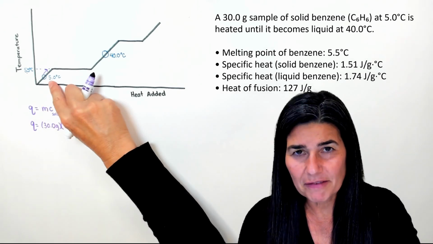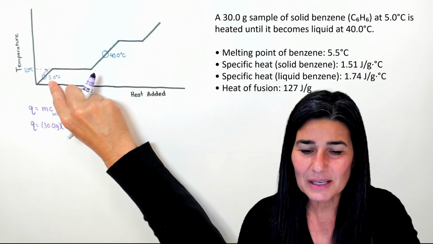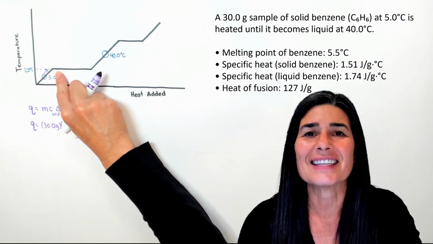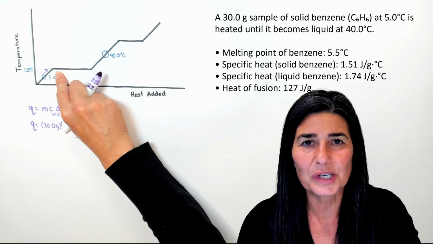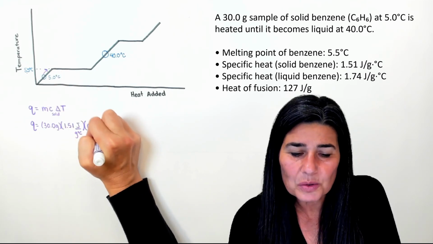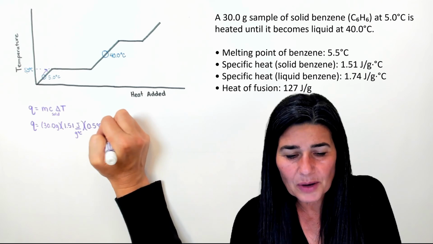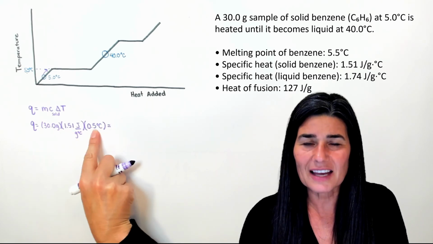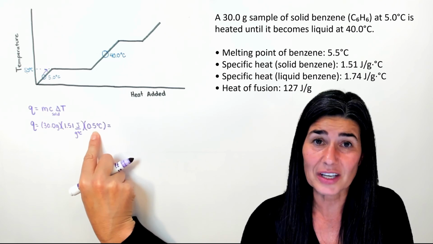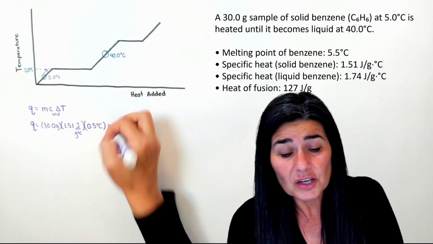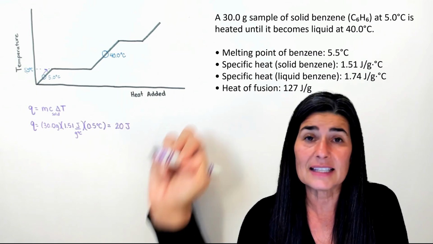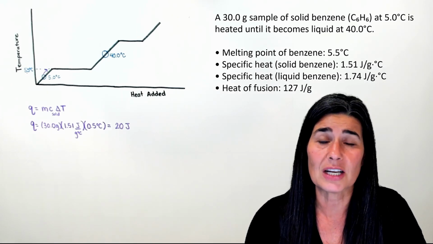We started at 5. To get to the melting point, which is at 5.5, all we need to do is increase our temperature by half a degree. So we're going to increase by 0.5 degrees Celsius. Now, if you do all this multiplication and unfortunately keep one significant digit due to this temperature change, you end up with 20 joules of heat needed to accomplish the first temperature change.